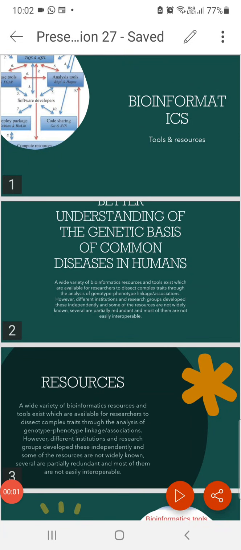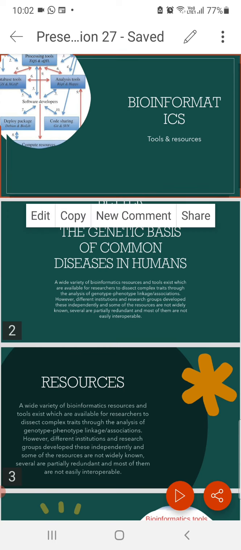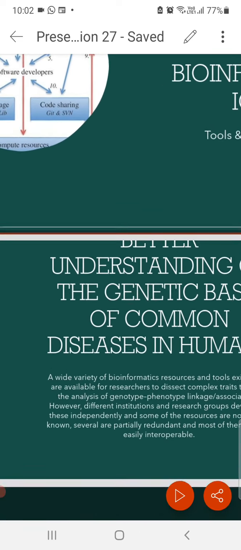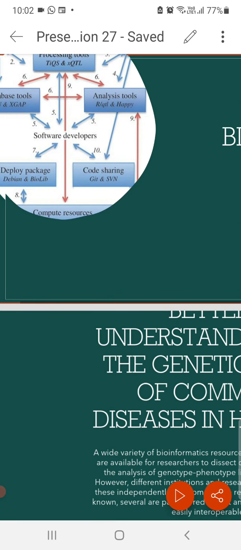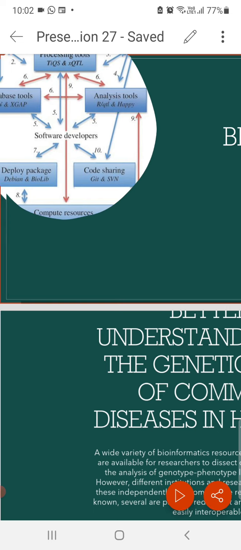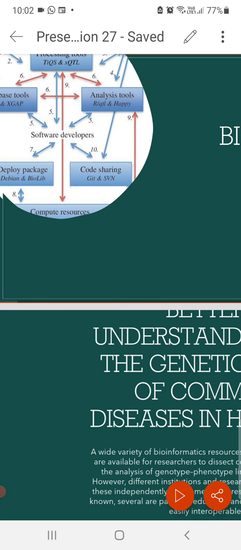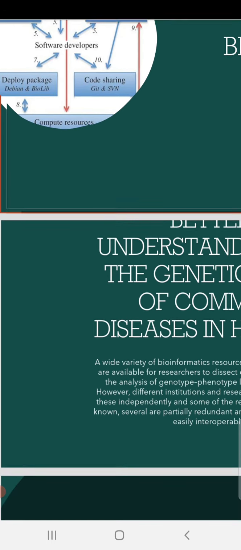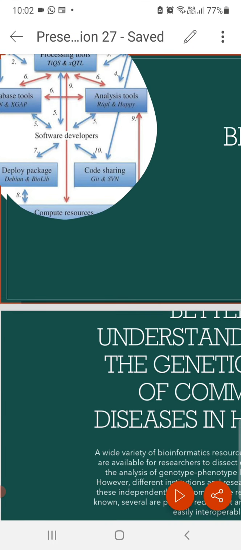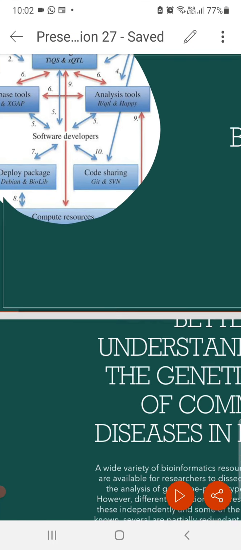Yesterday we discussed the introduction to bioinformatics. Now let us move on to the resources and tools that can be used and are helpful in bioinformatics.